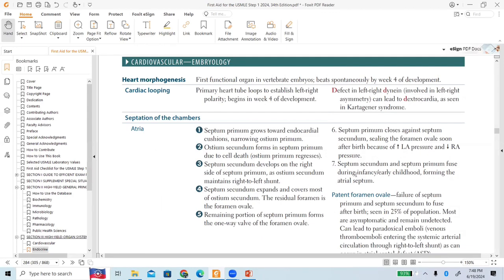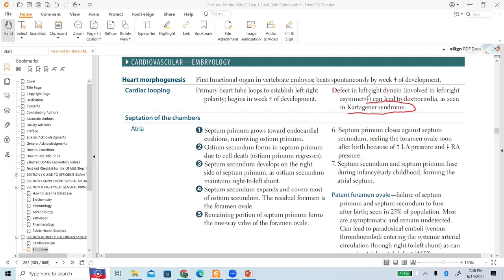There is no rocket science behind this, right? I am highlighting the high-yield stuff during my session. So what is the high-yield stuff here? The primary heart tube loops to establish left and right polarity, beginning in the fourth week of development. UWorld and NBME ask you questions about this, like Kartagener syndrome.